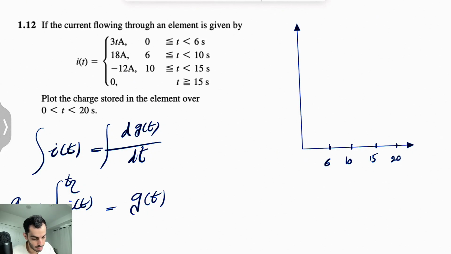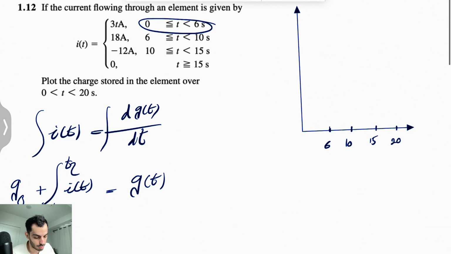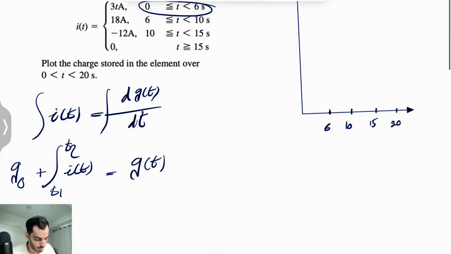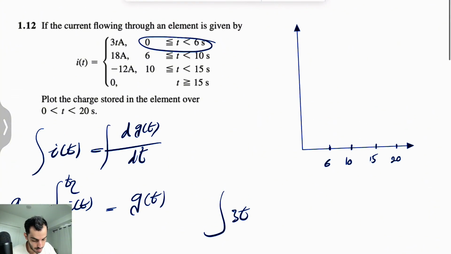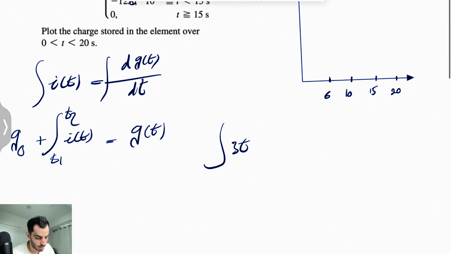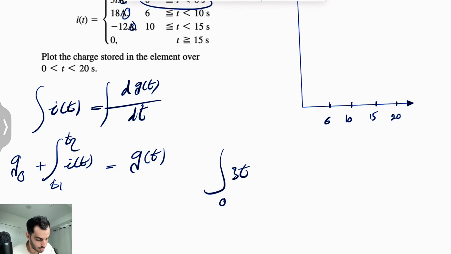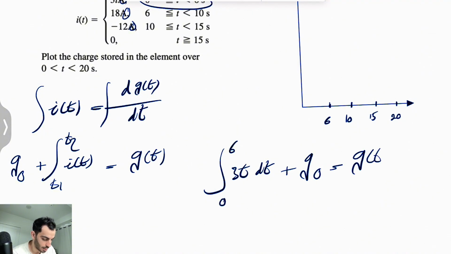So let's start with the first one, where we have our time between 0 to 6 seconds. Our i in here is going to be 3t. All these amps in here are the unit, which is amp. So we're going to go from 0 to 6 of 3t dt plus q of 0, and this is going to give us q of t.